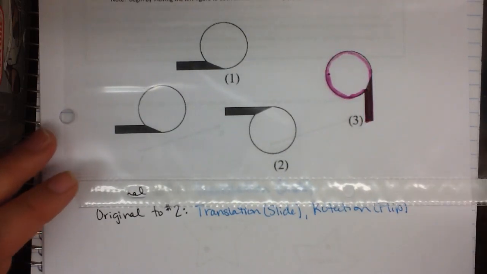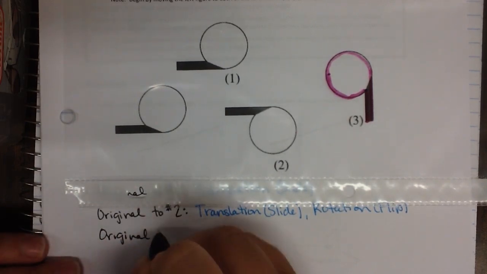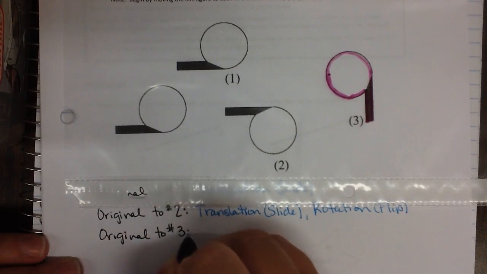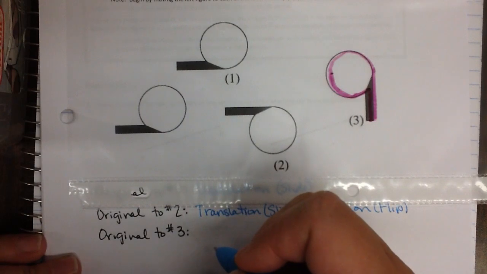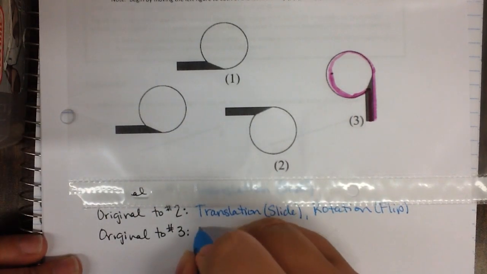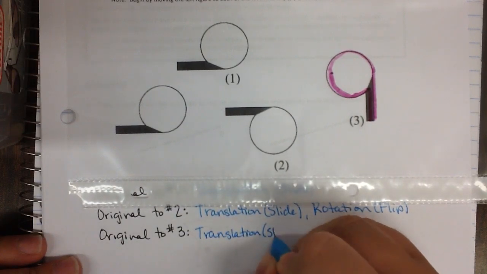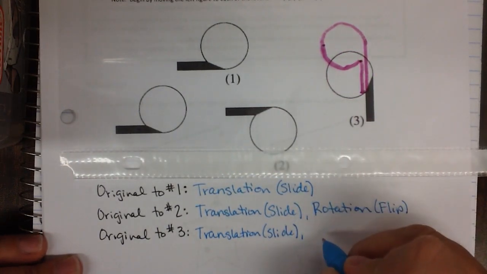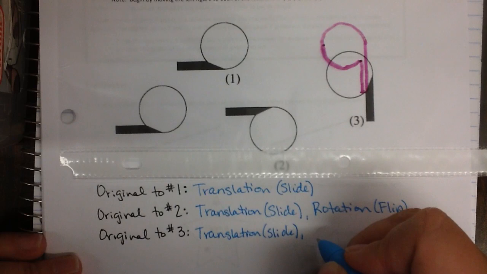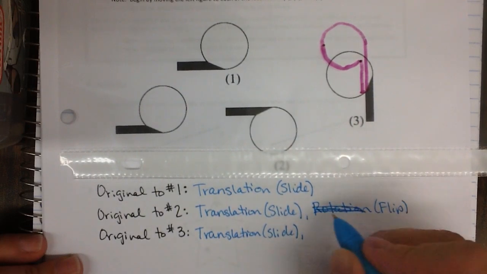So for the original to number 3, okay, we're just going to do a translation. We're going to have to slide it over. And then a, not this. I totally did that wrong.